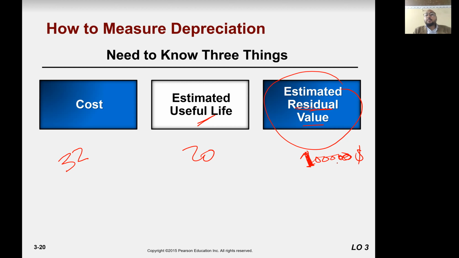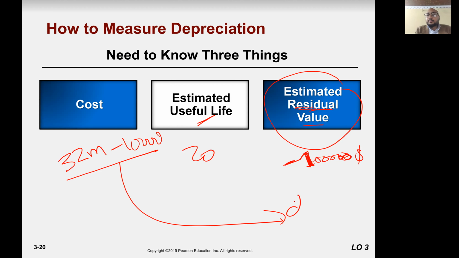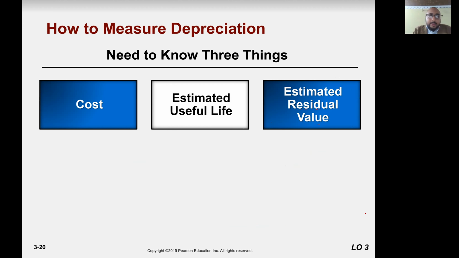Right? So its depreciable cost is going to be 32 million minus 100,000, this residual value. That would be the depreciable cost.